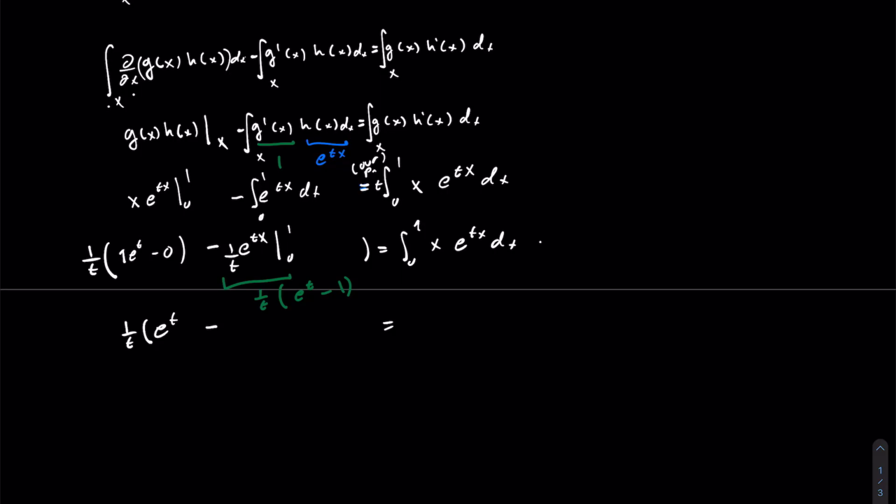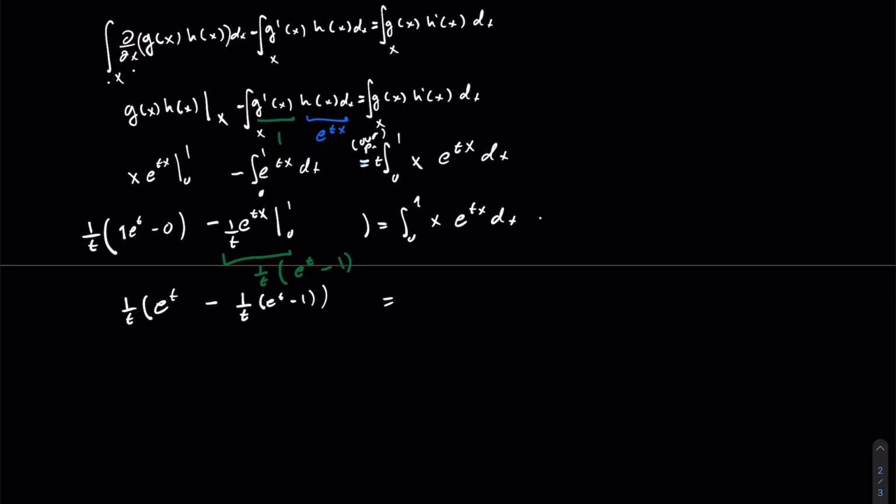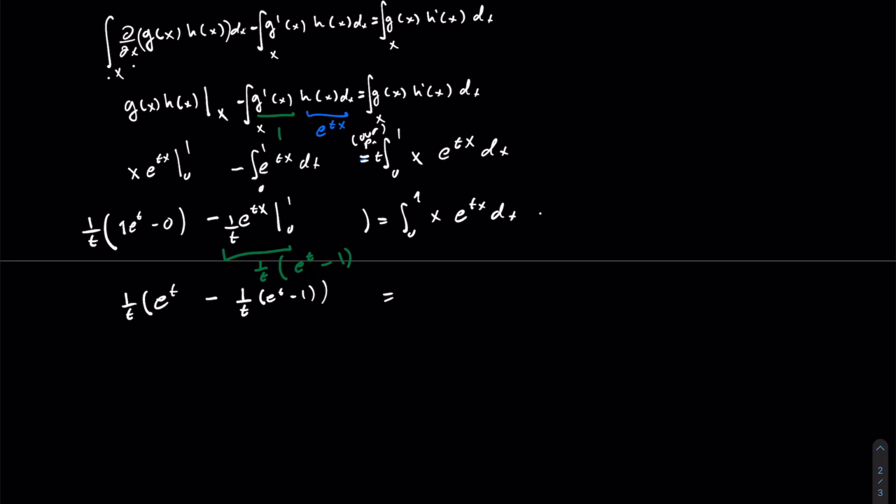So this whole thing is now e to the t minus 1 in parentheses, and then just simplifying a little bit here, we get e to the t minus t squared e to the t minus 1.